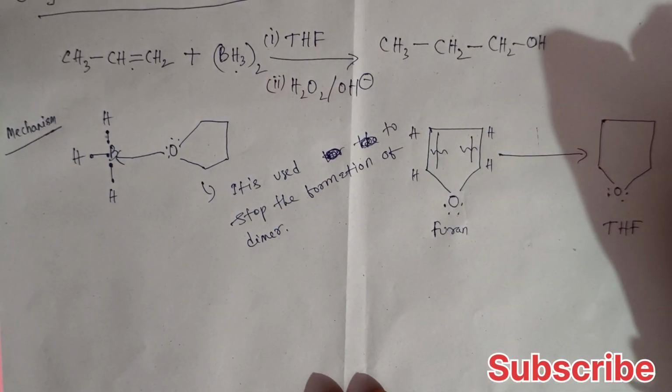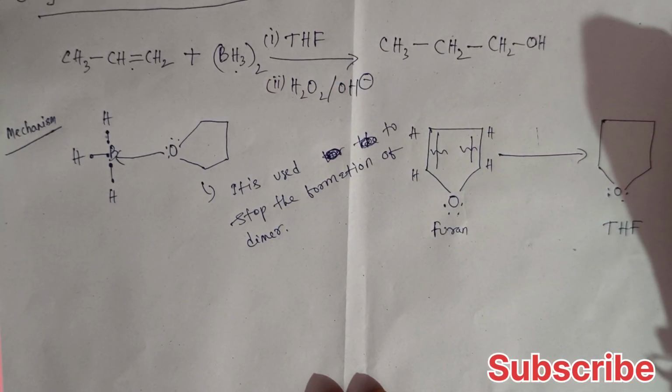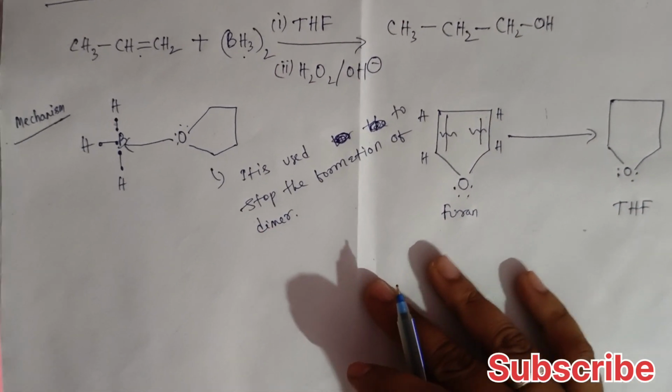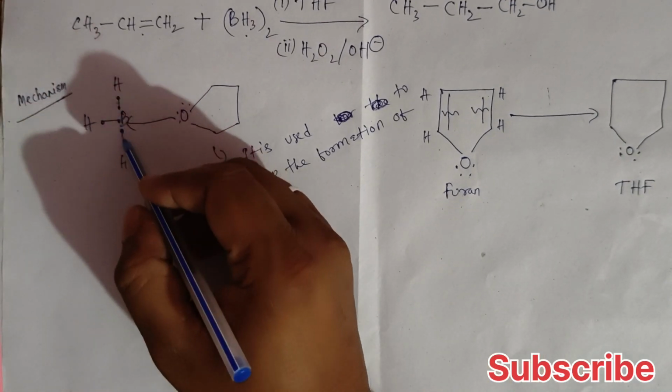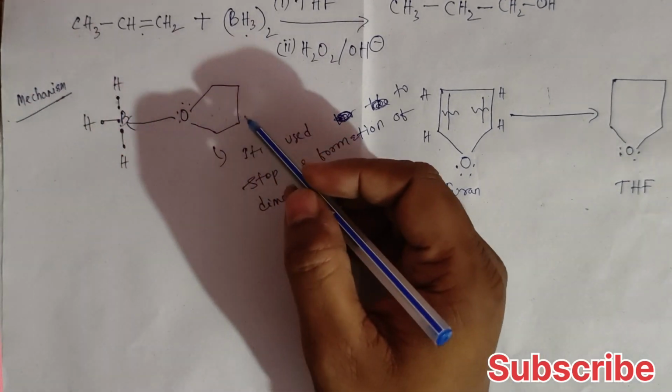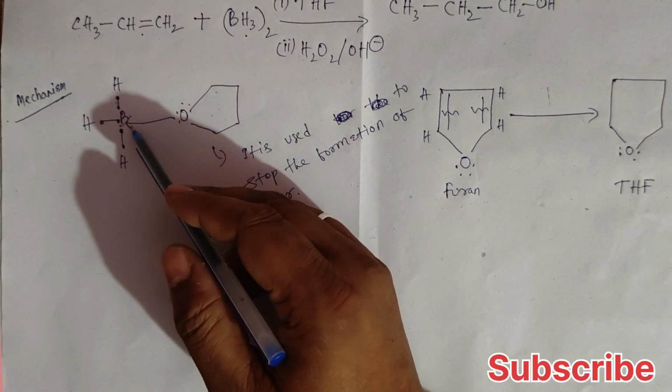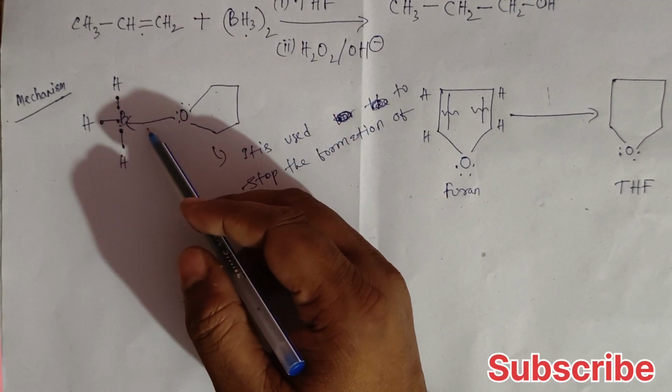Very simple. If the dimer is stopped, then the BH3 molecule will be retained. So this BH3 molecule will exist if THF attacks the boron atom. I hope it is clear to all of you.